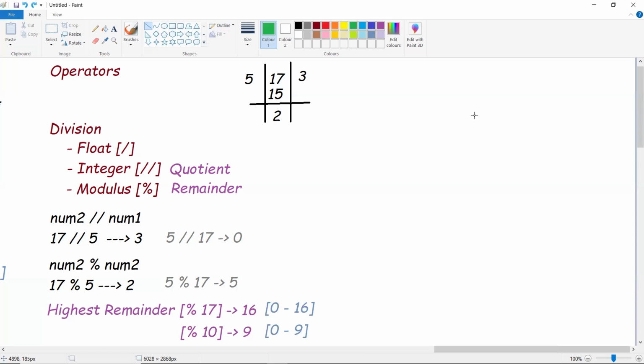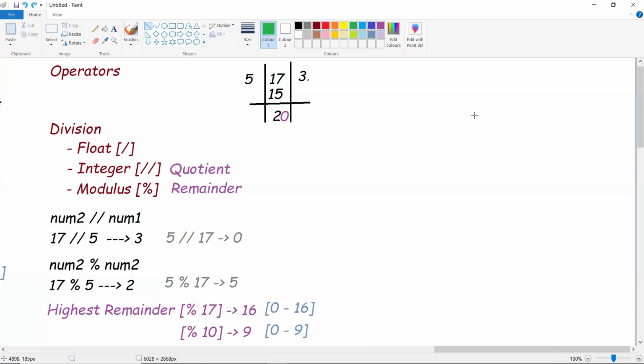So let's come to the leftover part, which is float division. With float division, we get the quotient in decimal points. Let's say for the same example 17 by 5, let's try to do further division. Let's add a decimal point, and let's put a 0 over here.